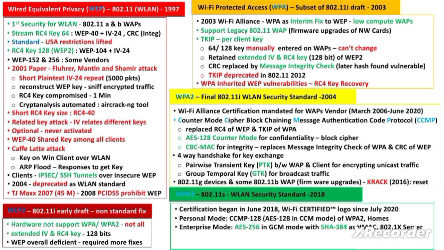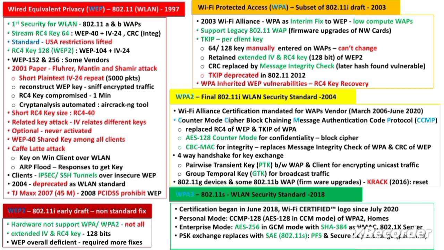And this enterprise mode also mandated the use of 802.1X server, which is a protocol for port-based network access control, or NAC. And it is also part of the extended authentication protocol, or EAP.